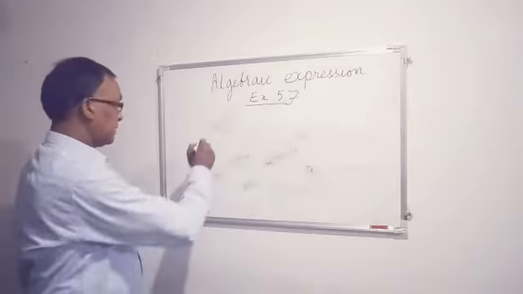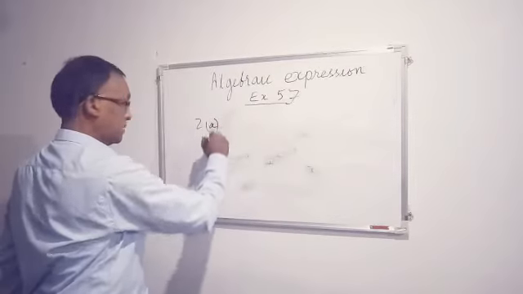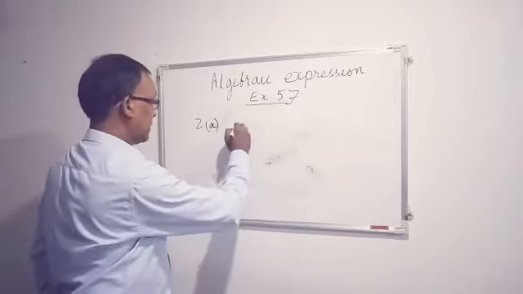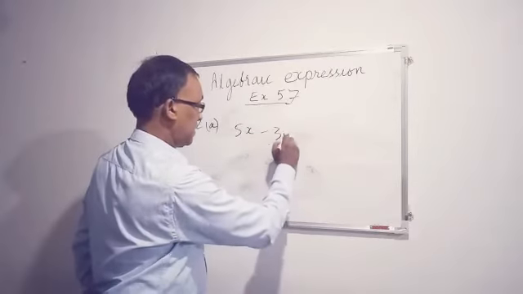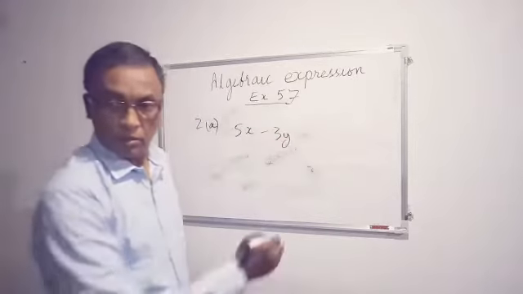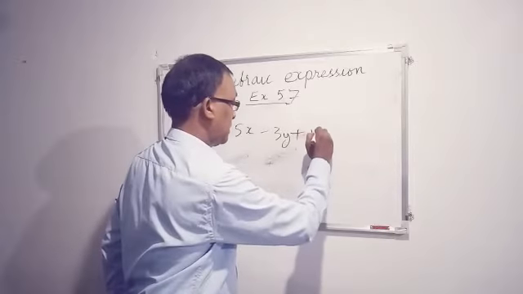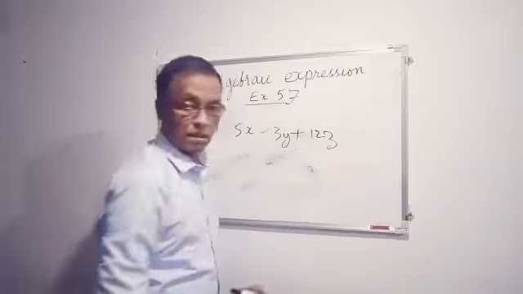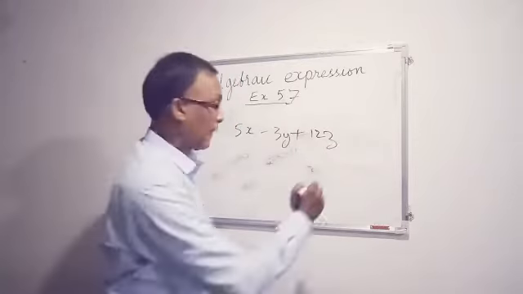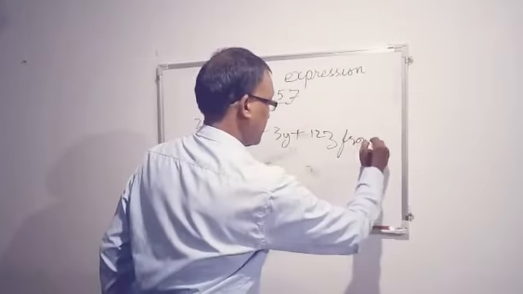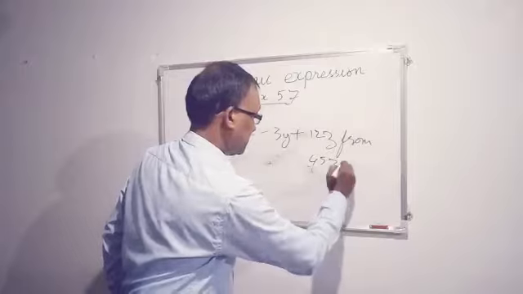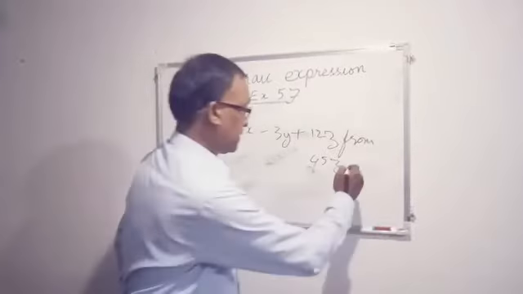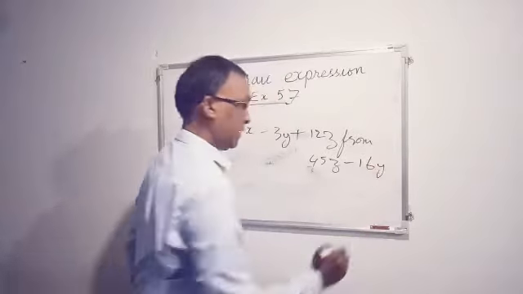So here they are telling us to use the vertical method: 5x minus 3y plus 12z from 45z minus 16y.